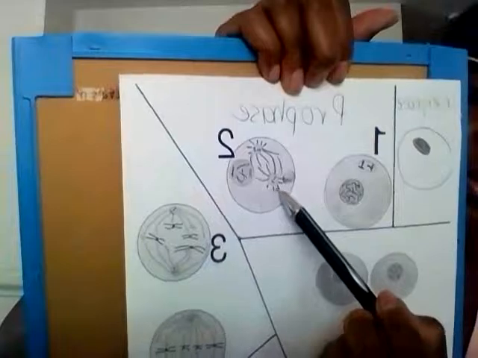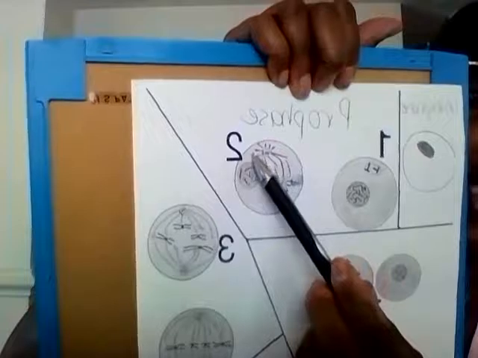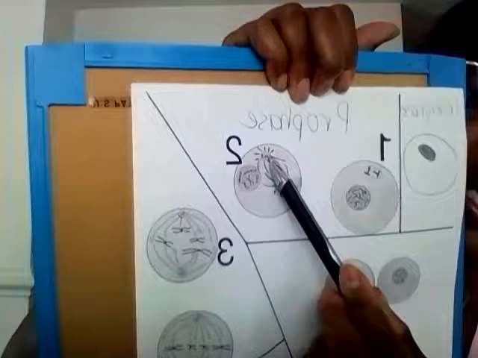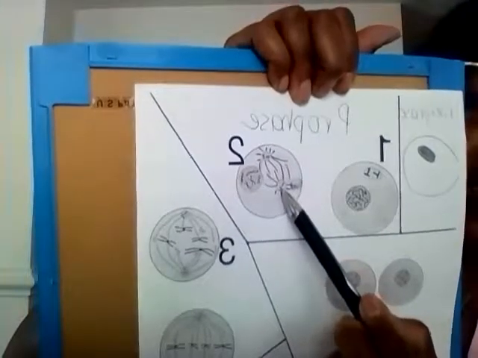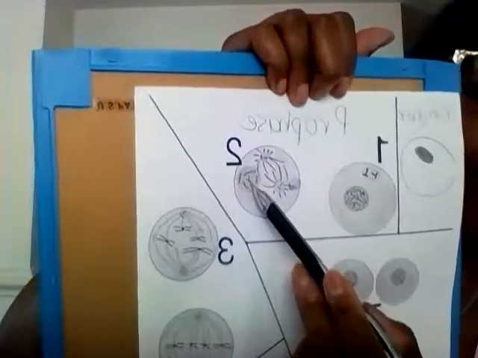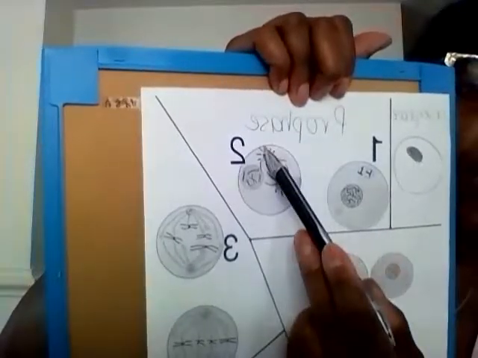In addition to that, you'll see very small fibers that almost look like sunbursts on the outside of the centrioles. These are called aster rays, A-S-T-E-R rays. And you'll notice that they are on the outside of the centrioles that are located here. In addition to the chromosomes becoming long and thin, now they have actually paired up. All of this goes on during prophase.